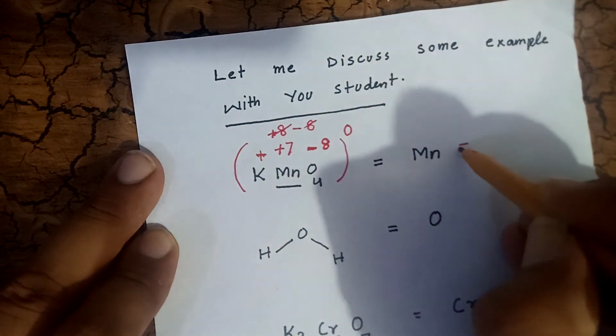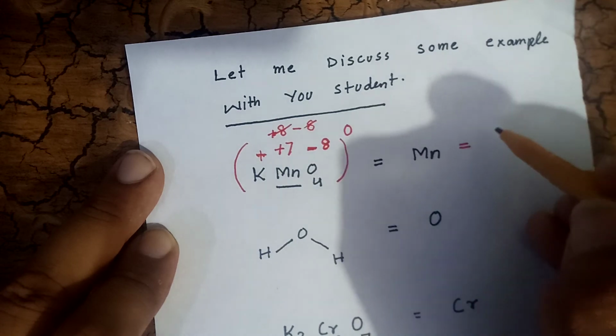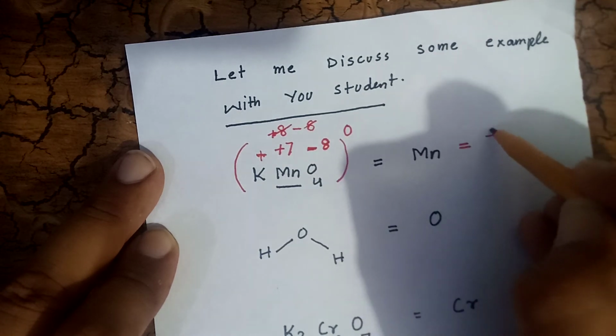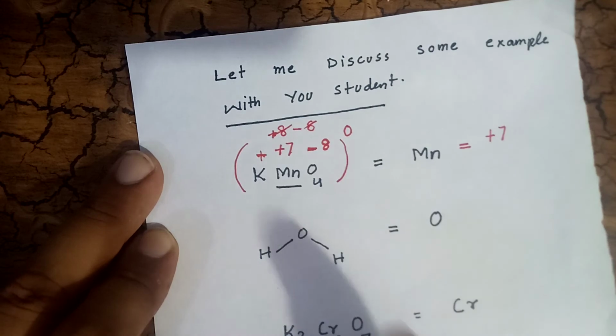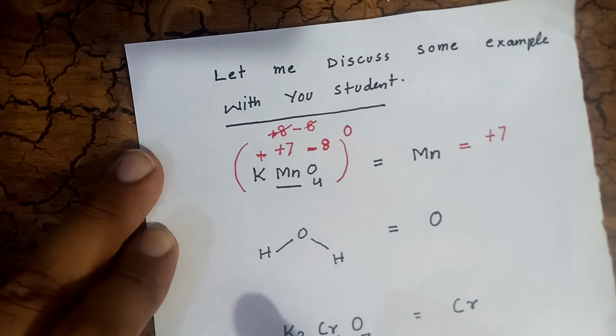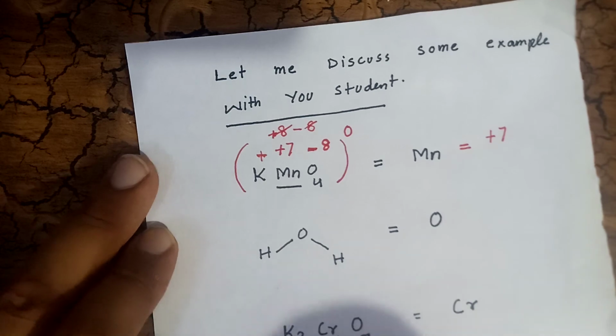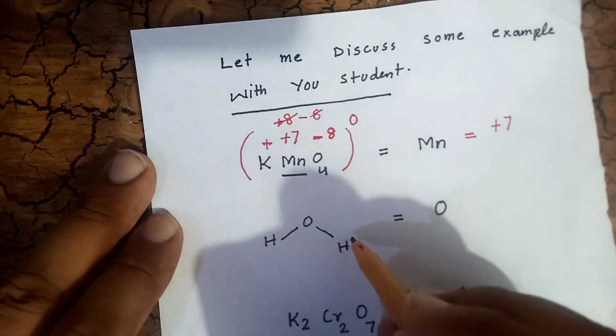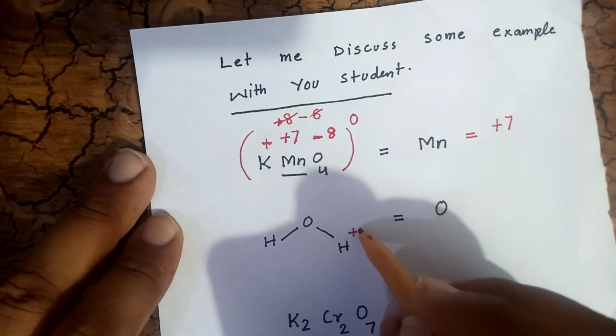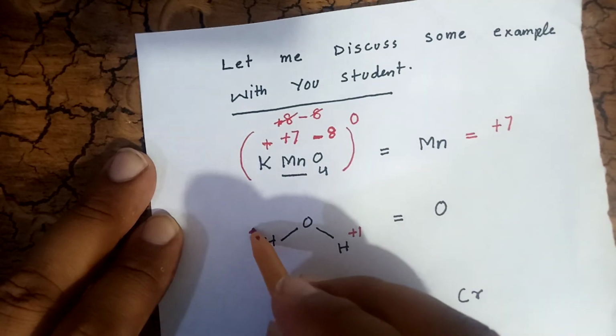So manganese has the oxidation state +7 here. Okay, another example, that is H2O. We know that hydrogen has the oxidation state +1 always.